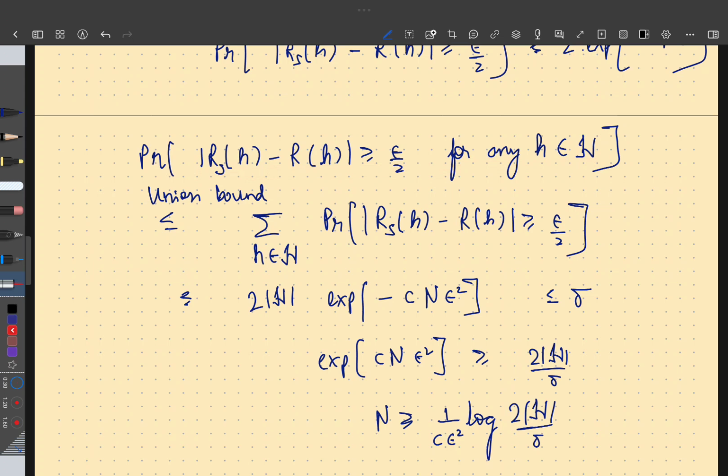That's exactly what it means to have uniform convergence. And uniform convergence guarantees PAC learnability. It may or may not hold for an infinite class. For a finite hypothesis class, I could just use the union bound. For an infinite class, I can't use the union bound because I would have to take a union over infinitely many terms.